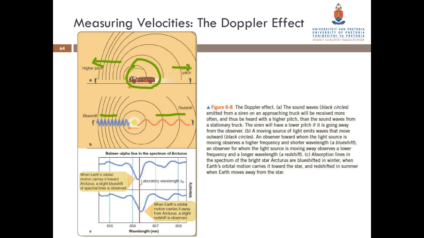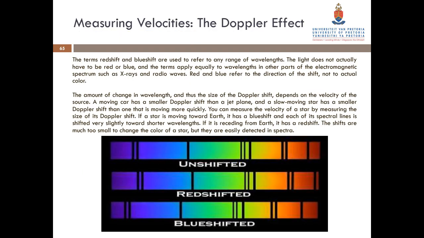So how it will look when we look at a spectrum such as this absorption spectrum: on the bottom we can see an unshifted signal. If it's redshifted, you'll see these absorption lines moved a little bit to the red part of the spectrum. That is when they're moving away from us.